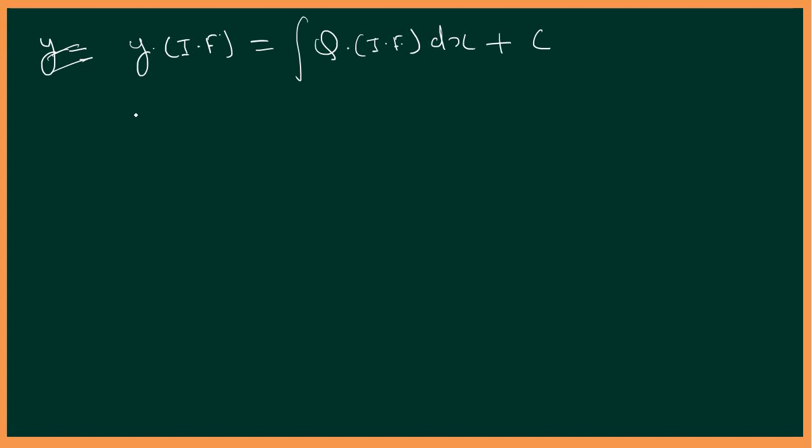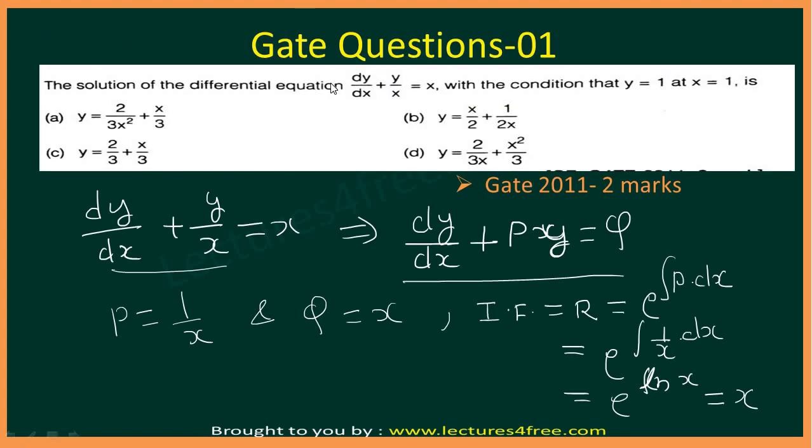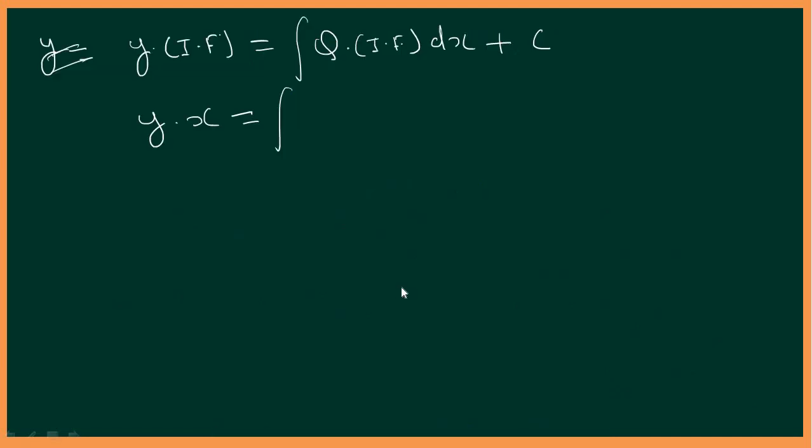Here integrating factor is x, so y into x is equal to integration of q. Let's see what q is here. Q is equal to x, so let's put the x there. x into integrating factor is also x, and then dx plus c.